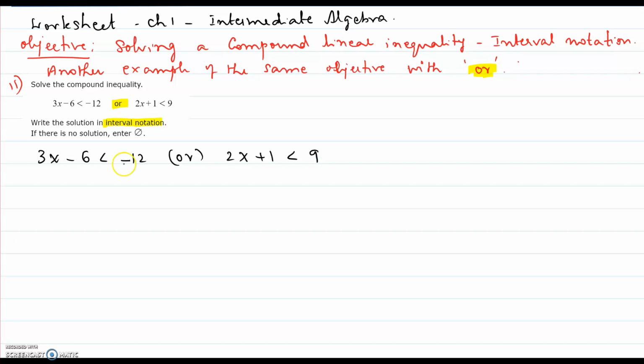So 3x minus 6 is less than negative 12. So add 6 to both sides. So you get 3x is less than negative 6. Divide both sides by 3 in order to isolate the x. So x would be less than negative 2.